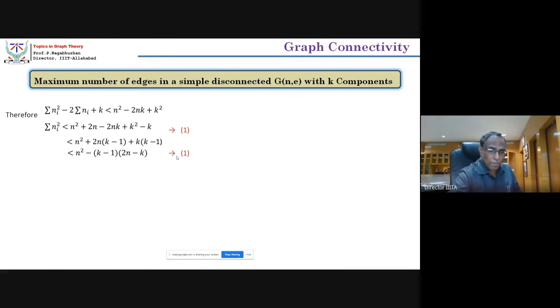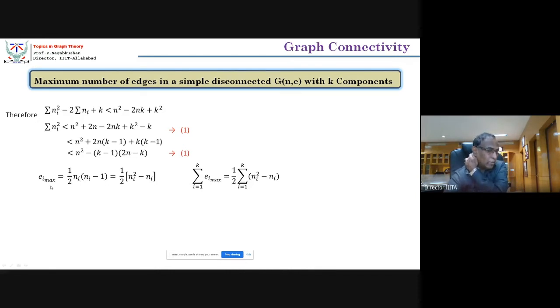Let us start from some other direction. What is the maximum number of edges in an ith component? In an ith component, the maximum number of edges is half into n_i into (n_i minus 1), isn't it? In only the ith component. Expand it: half n_i square minus half n_i. Therefore, what is the maximum number of edges? Sigma e_i max. When you take sigma e_i max, it is sigma of this, i going from 1 to k.